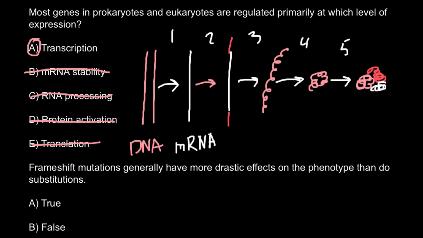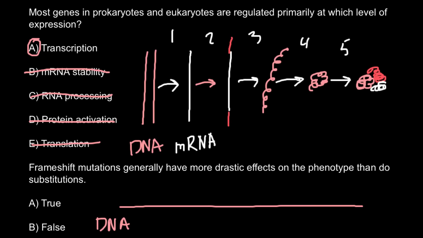And next statement: frameshift mutations generally have more drastic effects on the phenotype than do substitutions. And we have just two choices, true or false. Imagine that this is DNA, a single strand, and this can be, for example, the coding strand of the DNA, and it's going to be the same as messenger RNA, the same code.